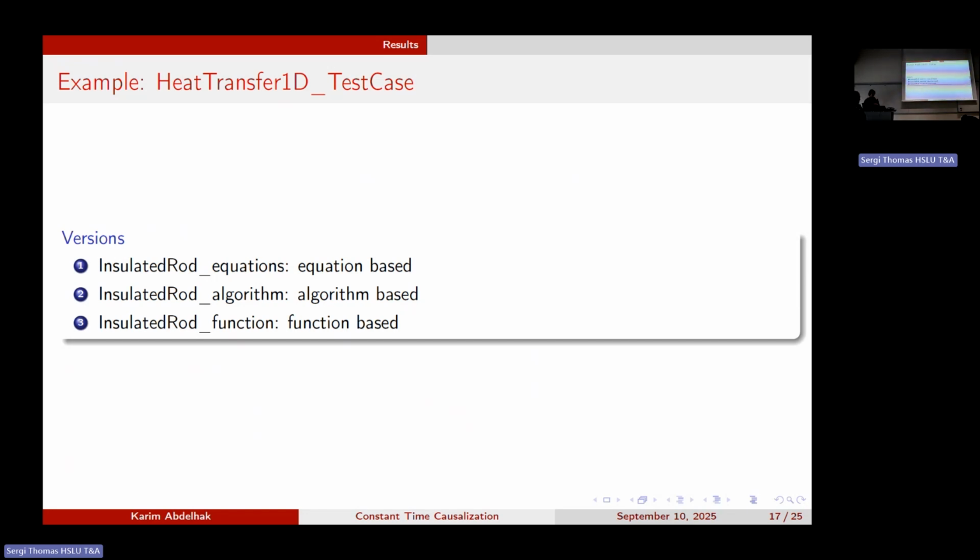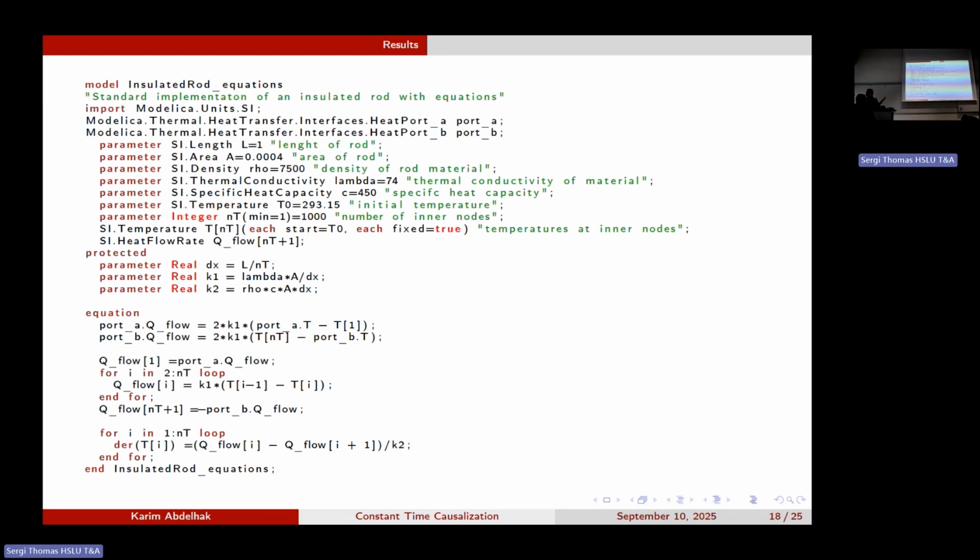There are 3 different versions of it. There were different solutions for this, but we took the most natural approach, the equation approach, where all the dynamics are in equation form, which is the most natural way you would go about modeling. It looks like this. I want to just highlight the main parts of this.